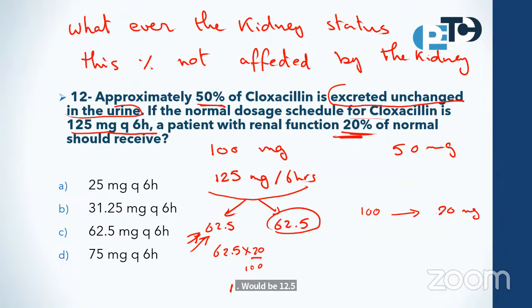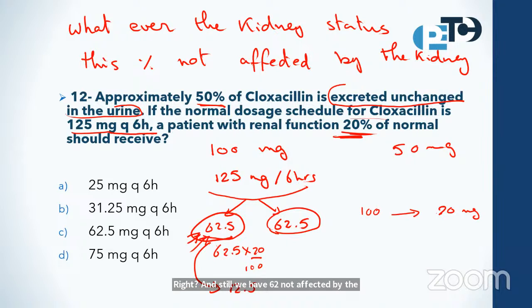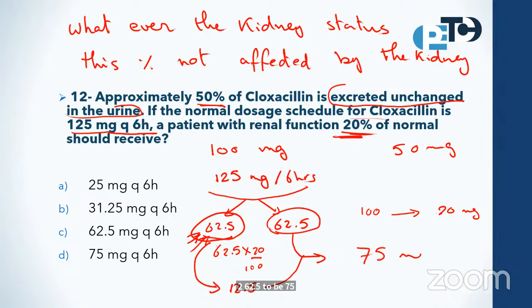So this amount, the 62.5, should be reduced to be 12.5, right? And still we have 62.5 not affected by the kidney, so it is added to the dose. So you should add this 12.5 to 62.5 to be 75 milligrams every 6 hours.